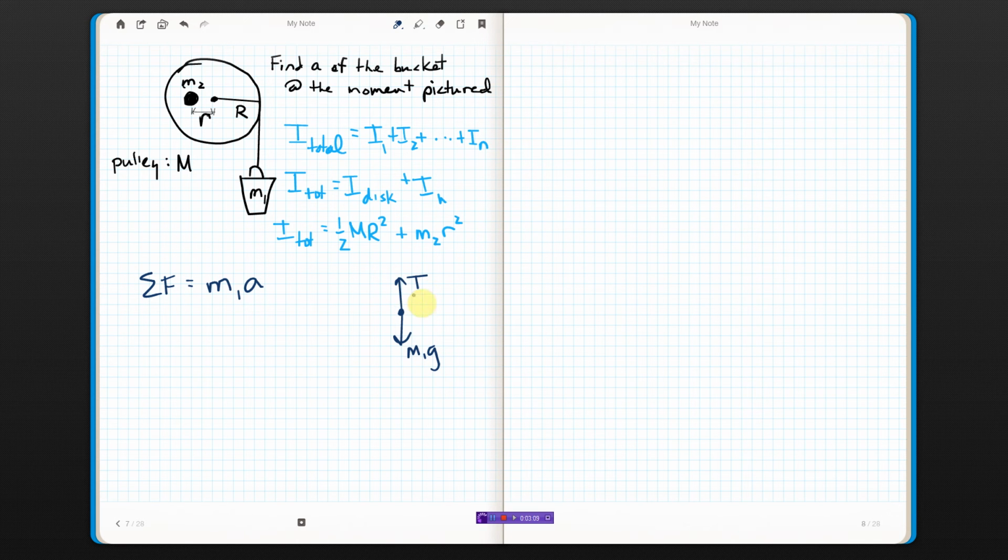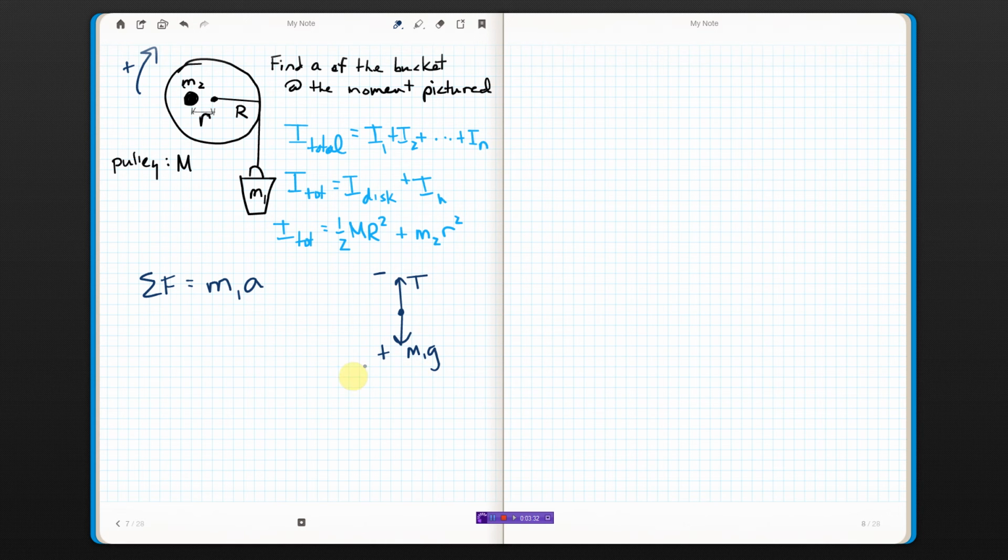And for kicks, let's make down positive this time. So if down is positive, when this moves down, this is going to unwind clockwise, which means clockwise is actually going to be positive this time. Keep that in mind when we get to the torques, okay?